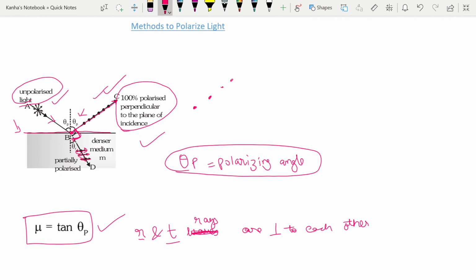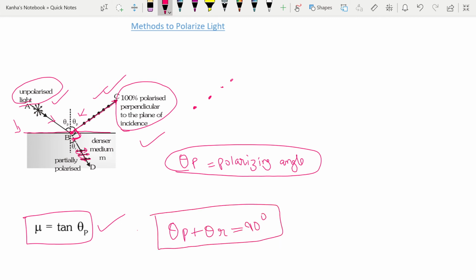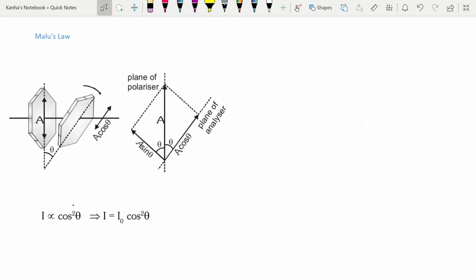The law states that the tangent of the polarizing angle of incidence of a transparent medium is equal to its refractive index. You should also note that theta p plus theta r is equal to 90 degrees. This comes out of the simple Snell's law.